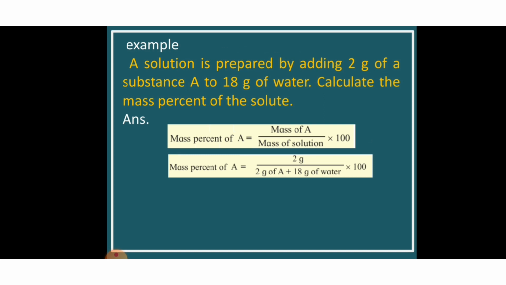Mass of A is 2 gram and mass of solution means 2 gram solute plus solvent, 2 gram plus 18 gram, times 100. So 2 gram upon 20 times 100 is equal to 10%.